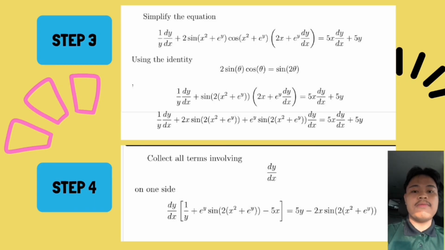Next, in step 4, we collect all the terms that contain dy/dx. We bring them to one side and factor out dy/dx. In my answer, I always bring them to the left side since it is easier to compile them together. This step is really important because it prepares the equation to be solved for the derivative.